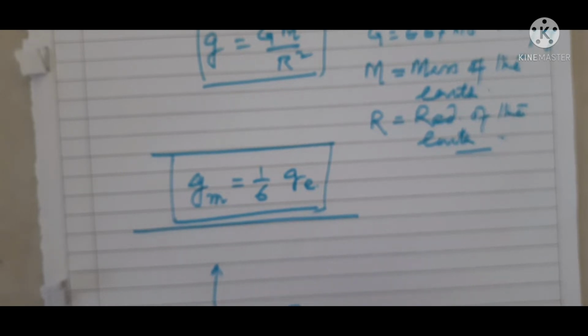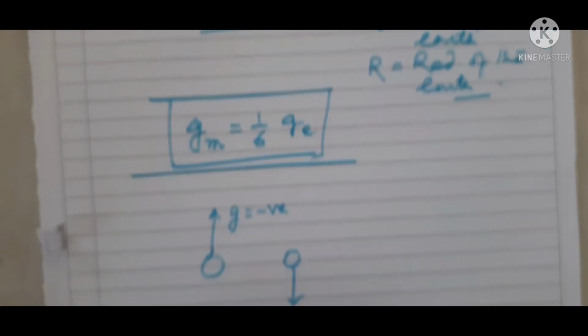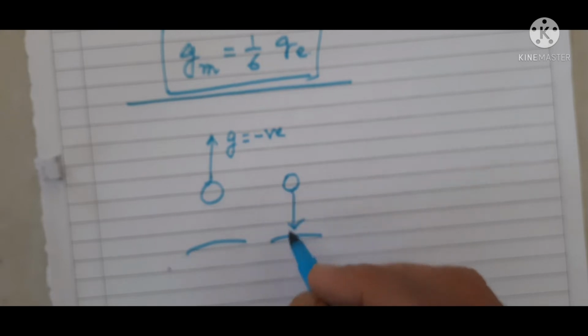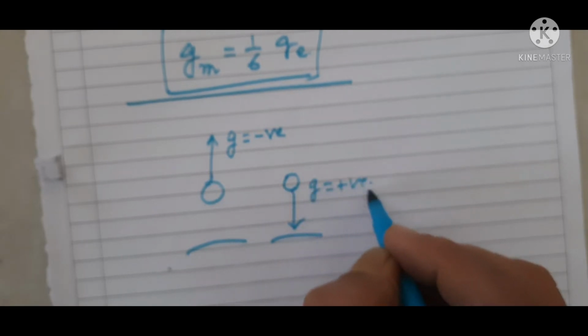These two are termed accelerated motion, which may be positive or negative. Here the object is going up, and according to the convention we take acceleration due to gravity as negative. And if the object is coming towards the earth, we take it as positive.